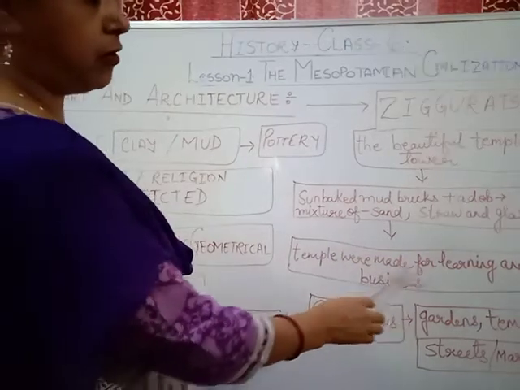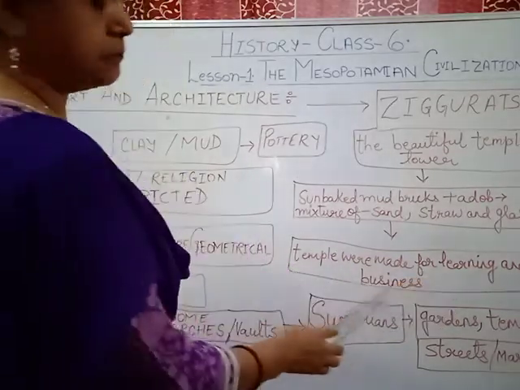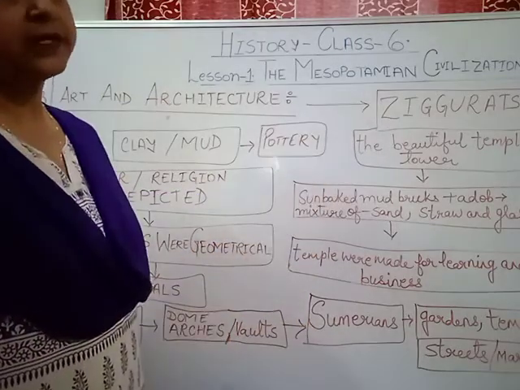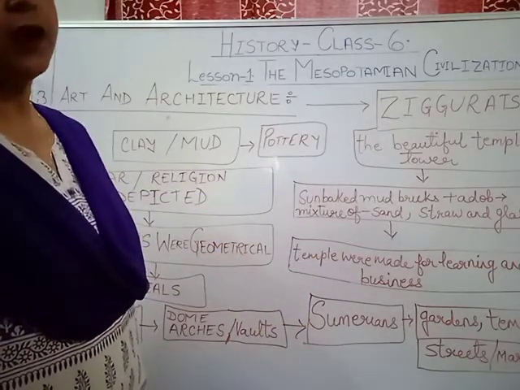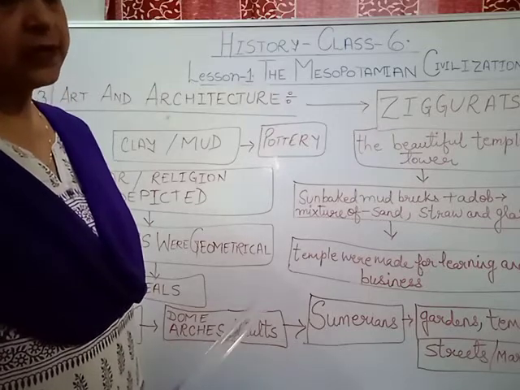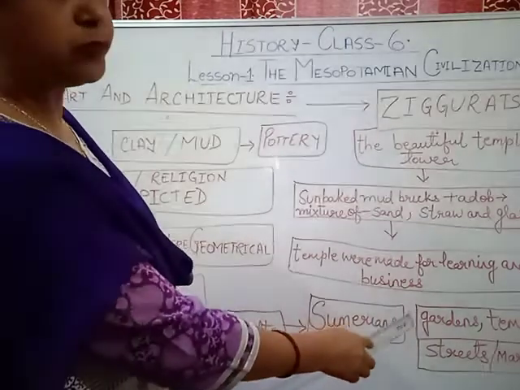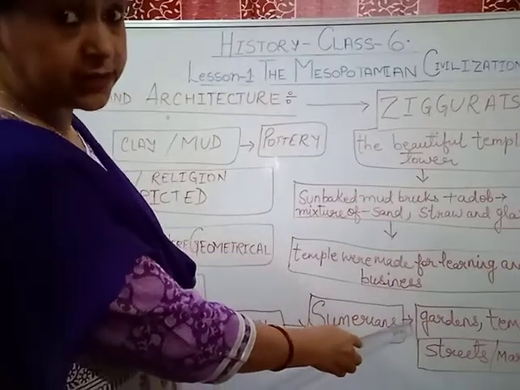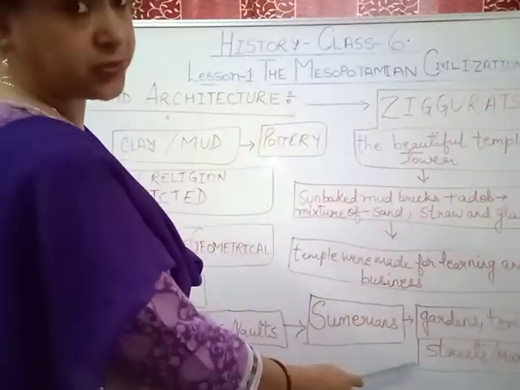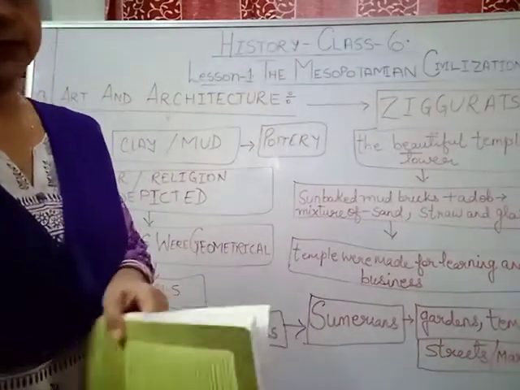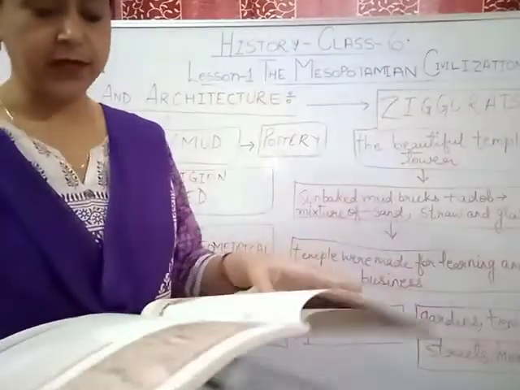Temples were made for learning and business. The ziggurat was a place where people went for business and learning. Sumerians had made beautiful city gardens, temples, streets, roads and marketplaces. Shall we move on to the next part?